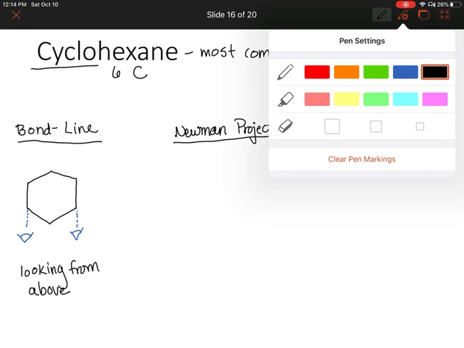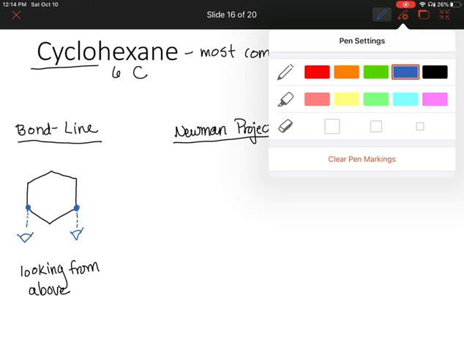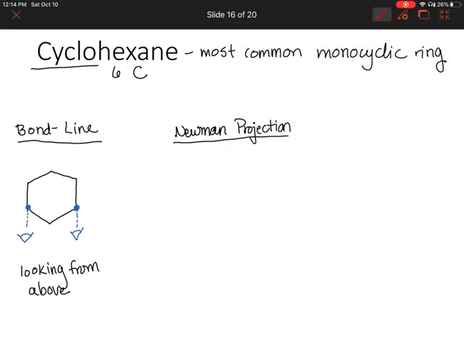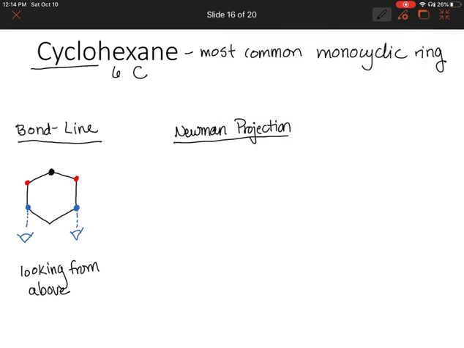So let's highlight this front carbon here in blue on each side. And we'll draw the back carbons in red. And then let's draw the middle carbons, we'll just highlight in black. Okay, so let's start with our blue carbons.